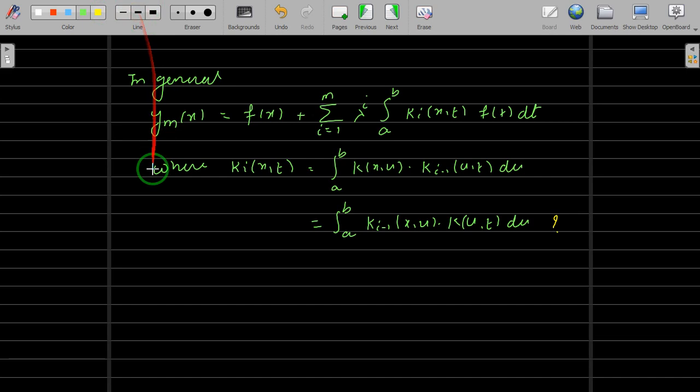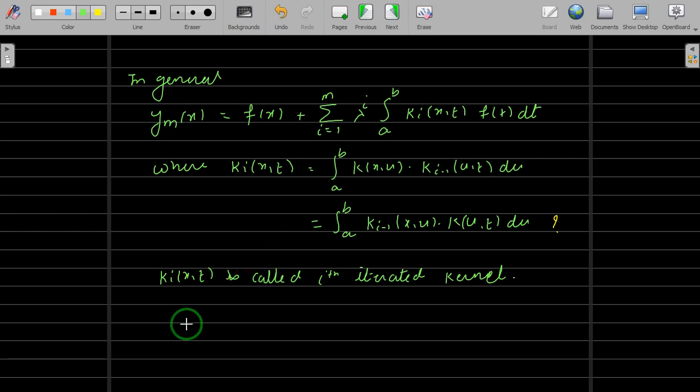Now in this case you have this k_i of x comma t. This is called the iterated kernel. So k1 is the first kernel, k2 is the second iterated kernel, k_i is called the ith iterated kernel.